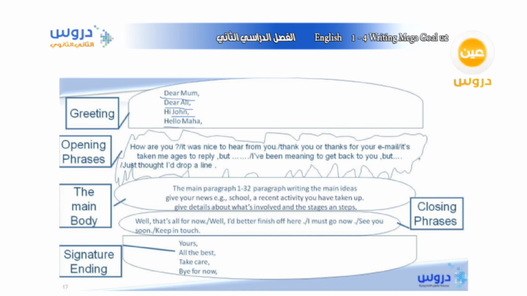Hi Joan, for example. Hello Maha. We can use these kind of greetings. After that, after you write the greeting, you can write the thank you, you're welcome, opening phrases. Okay, prepare the opening letter.